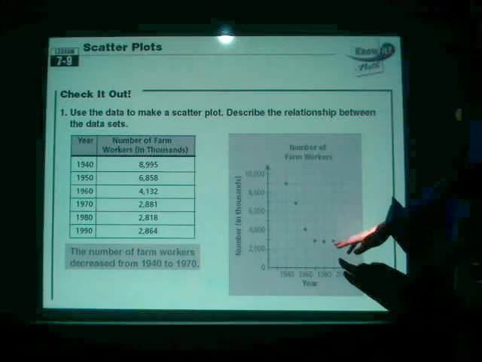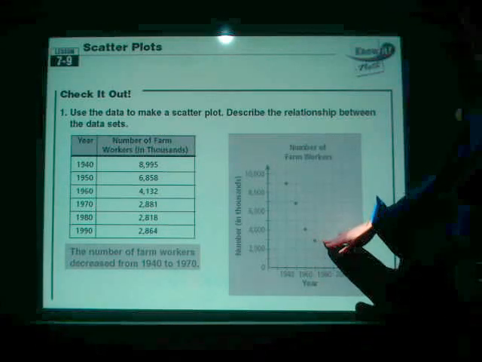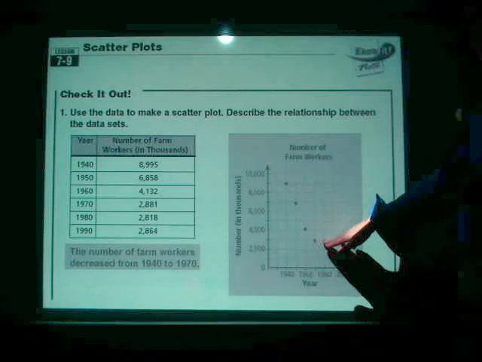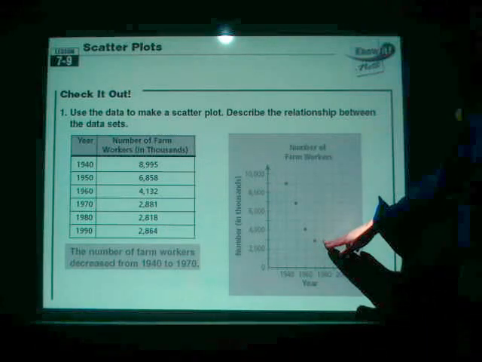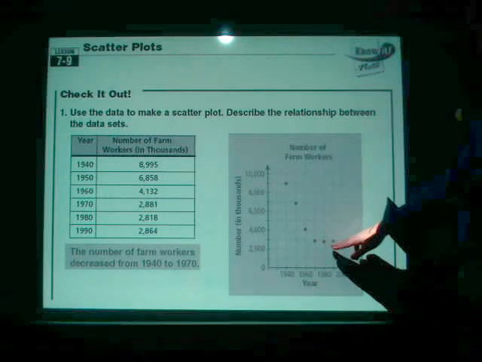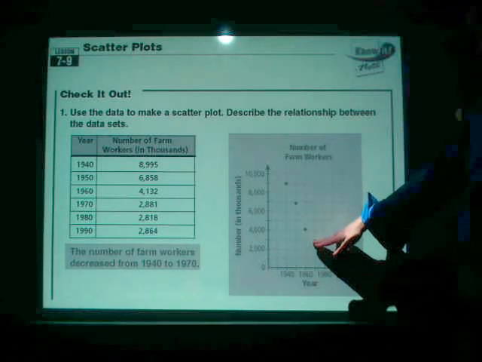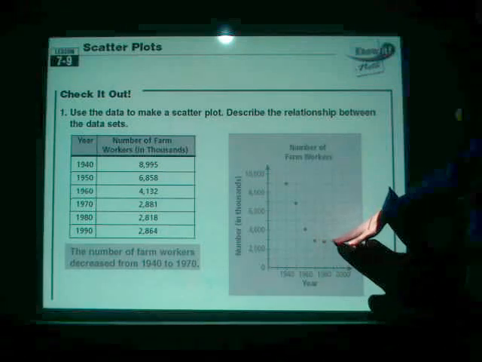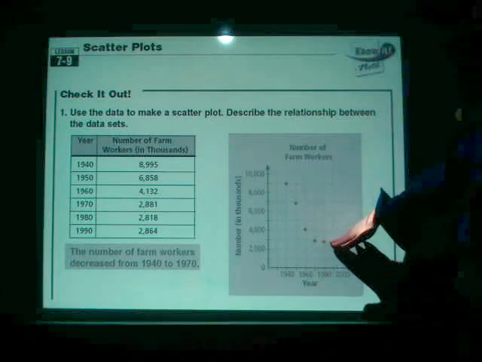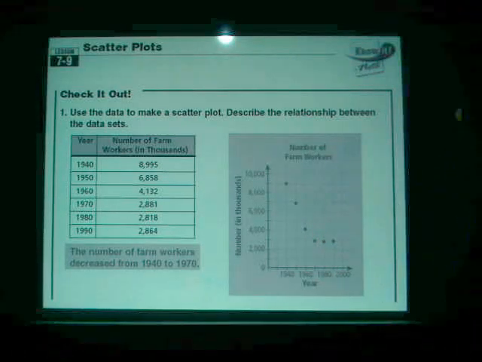The 80 number, 2818, goes down just a slight bit from the previous dot, and the 90 number actually comes back up, but just a little bit from that 80 number, but it's still beneath that 1970 number, so you see a very shallow V forming here at the end.